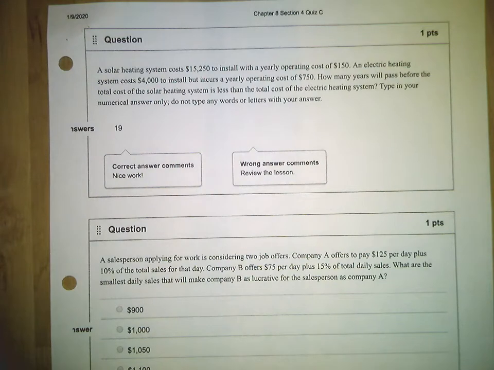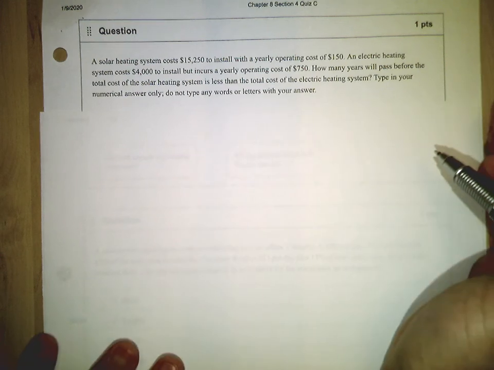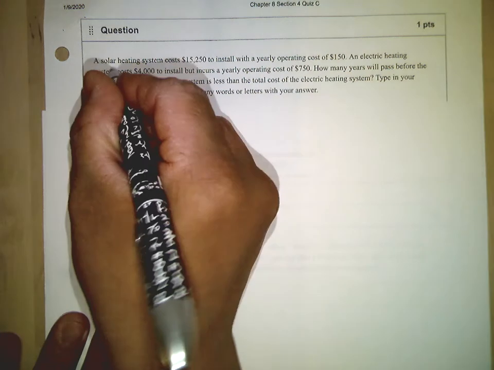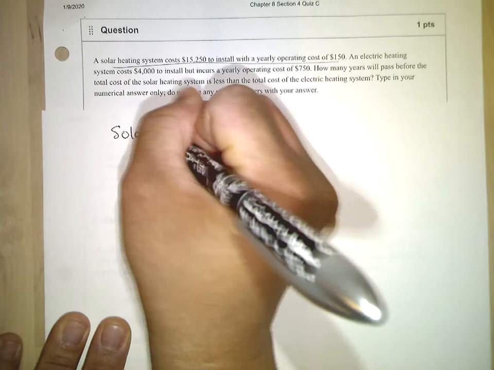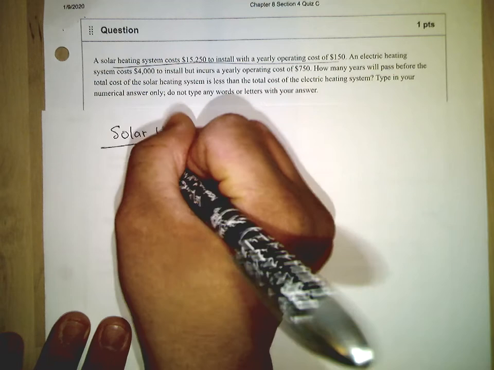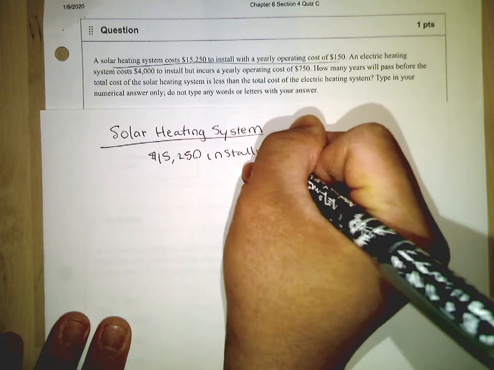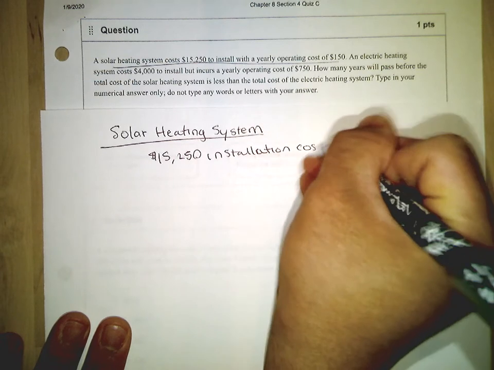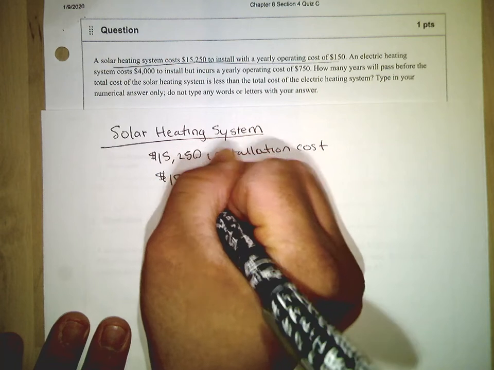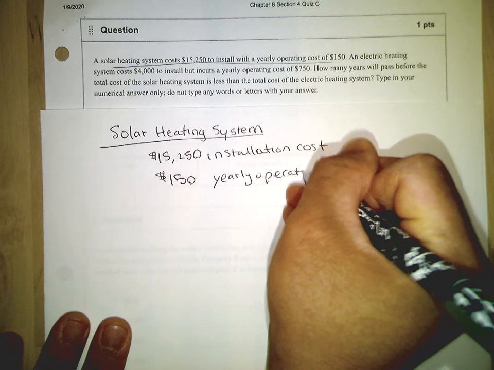A solar heating system costs $15,250 to install with a yearly operating cost of $150. So here is the solar heating system. There is a $15,250 installation cost, and then there are $150 of yearly operating cost.